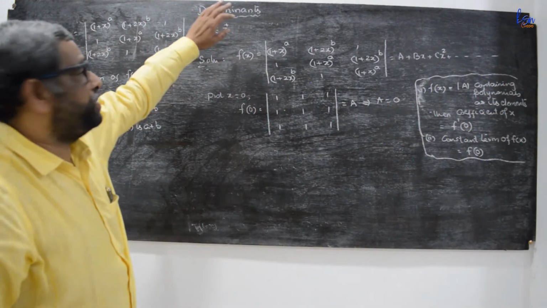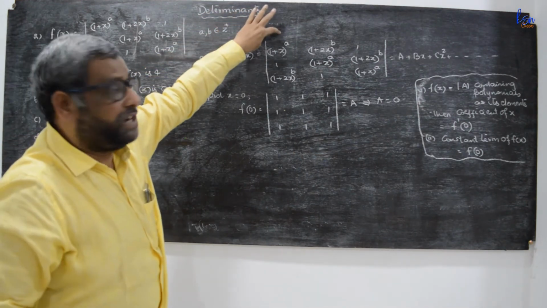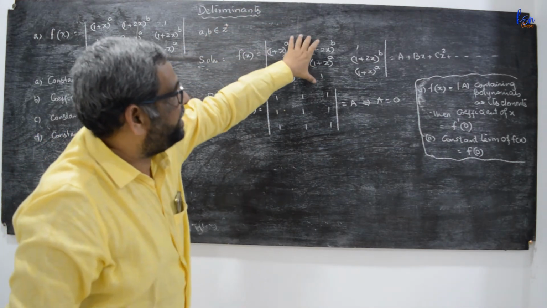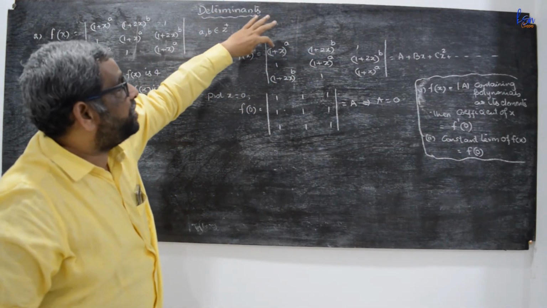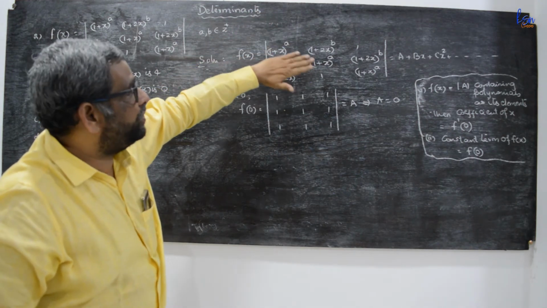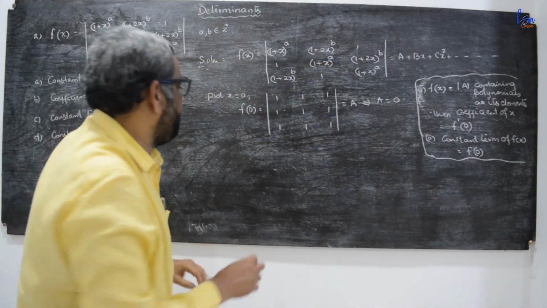Now I am going to differentiate this f(x). When you differentiate the determinant, you are not supposed to differentiate the complete determinant. You have to differentiate only one row or one column and leave the other rows as they are, and then differentiate the second row and so on.